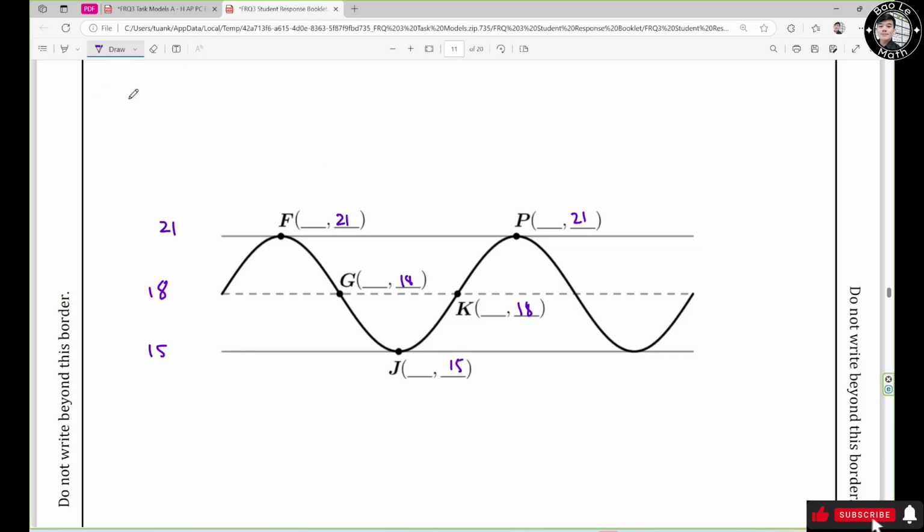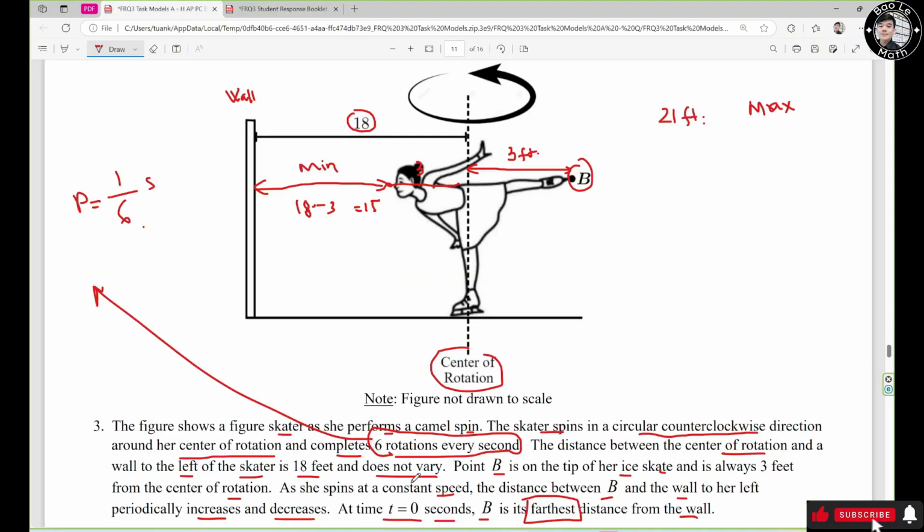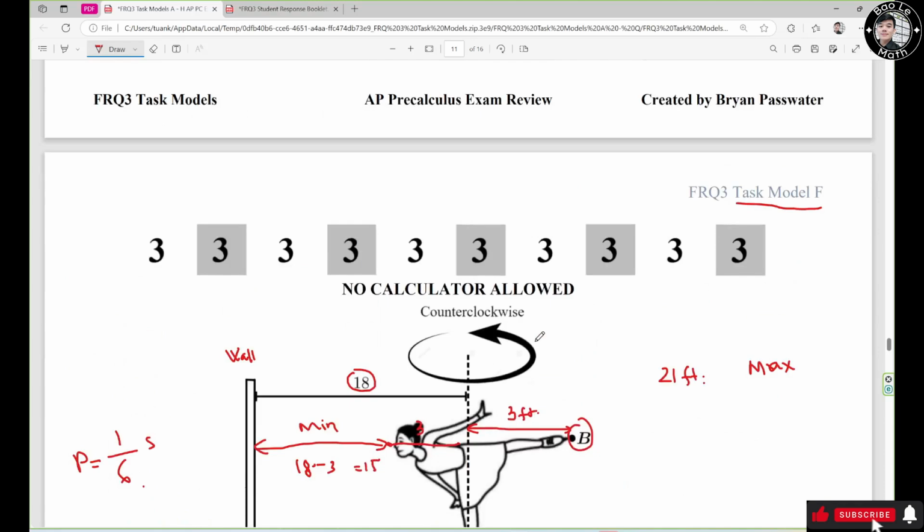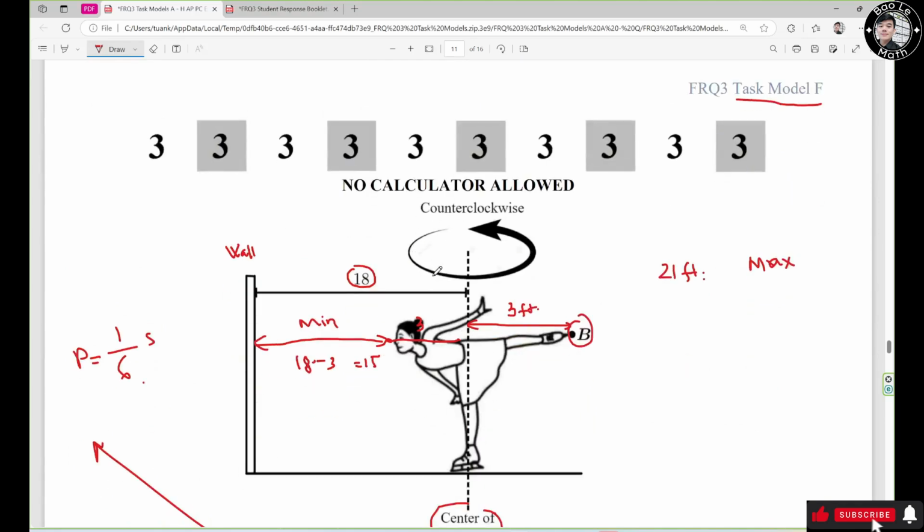Now, you know that the period equals 1/6 seconds. Now you take the period divided by 4, so each quarter has the length of 1/24 seconds. Now, at t equals 0, point P is farthest. So look at the counterclockwise direction right here.